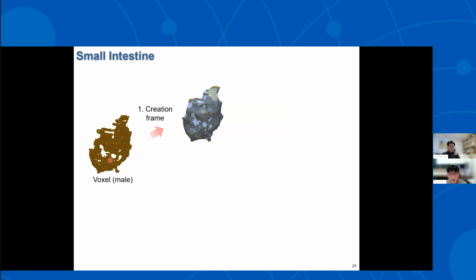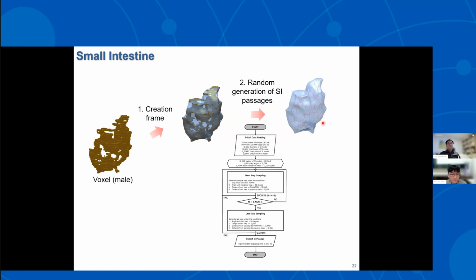First, we created a frame that can fully include the small intestine voxel model. Then within this frame, we randomly generated a small intestine passage center line. For the random generation, a dedicated in-house program was developed following the algorithm shown in the flowchart.